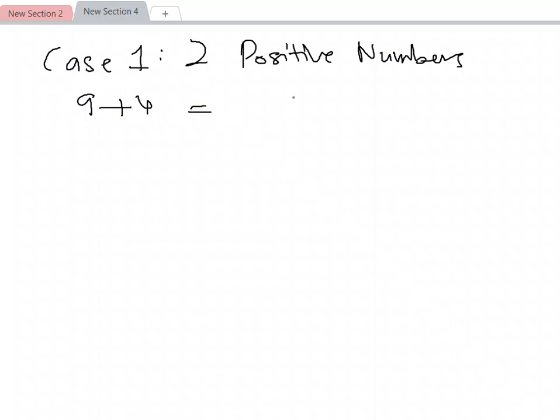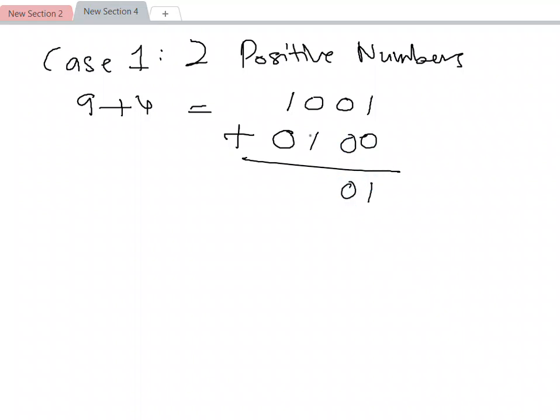So 9, we need 4 bits to represent 9, and then plus 4, which is 0100. Just perform normal binary addition. 9 plus 4 is 13, right? So when you check your answer, correct, 13. So this is the first case.